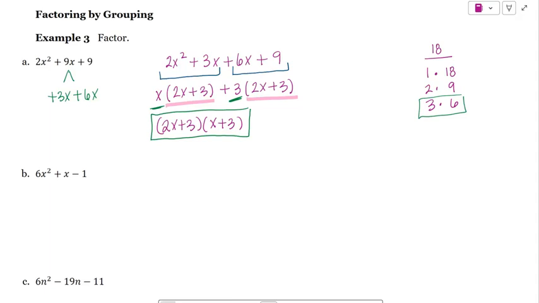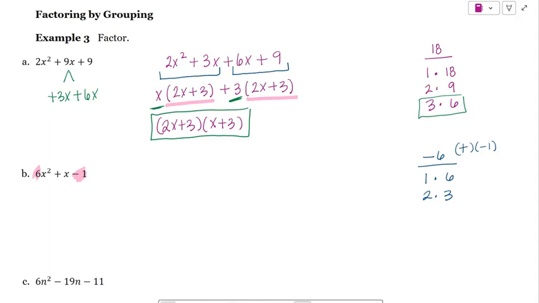Let's move on to example B. Step 1 is to take the first coefficient and the last constant term and multiply them together. When we multiply those together, we have a negative 6, and I want to multiply numbers together to get 6. 1 times 6 and 2 times 3. Because 6 is negative, one of my numbers should be positive and one of my numbers should be negative.